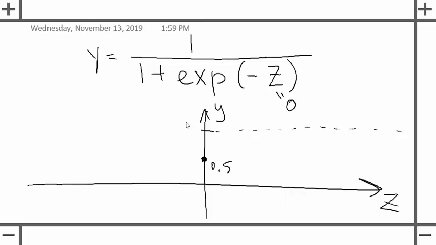As z goes to plus infinity, e to the power minus infinity becomes a really small number, so 1 plus a really small number is close to 1, and 1 divided by something really close to 1 is also 1. So this is what the function looks like in the positive direction of z. The same thing happens in the negative direction, only it approaches 0.